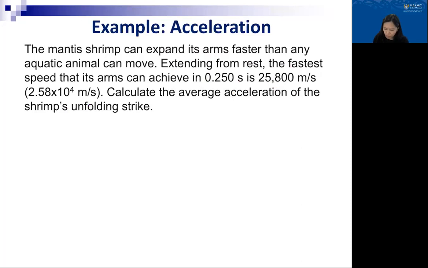All right, so remember, acceleration is change in velocity over change in time. So let's look at the solution to this problem now. Acceleration, we just learned, is change in velocity over change in time.